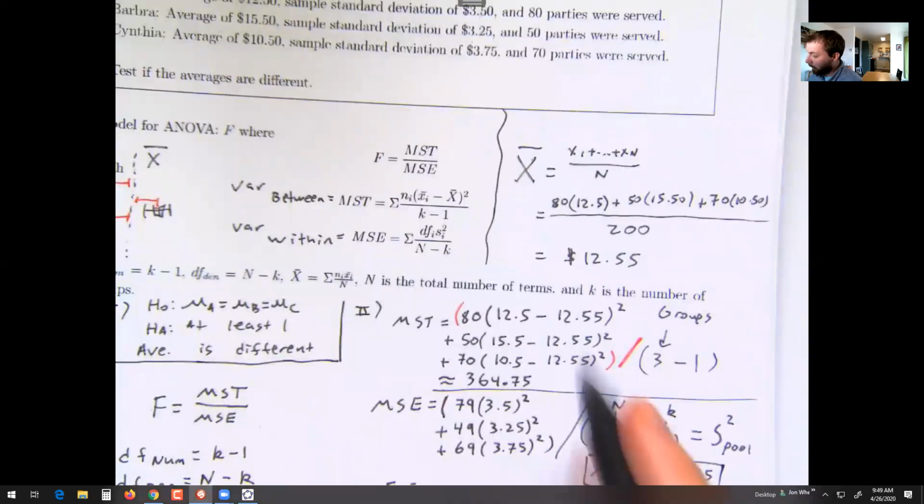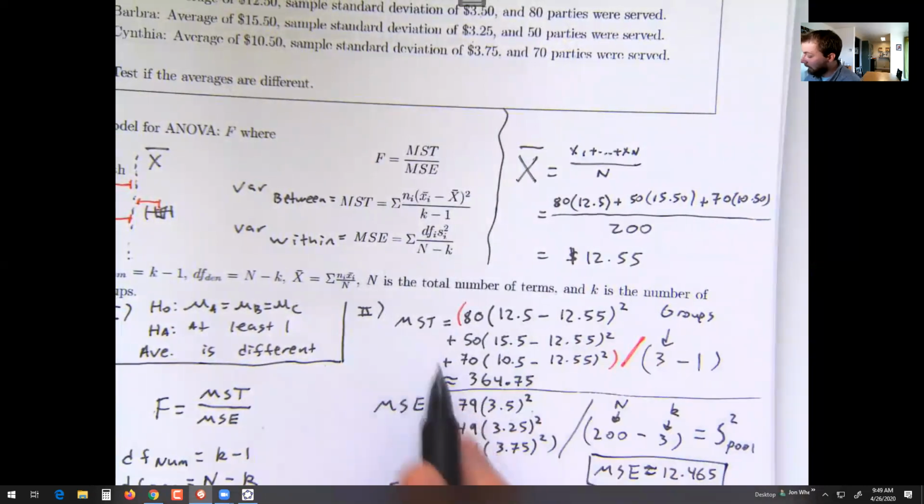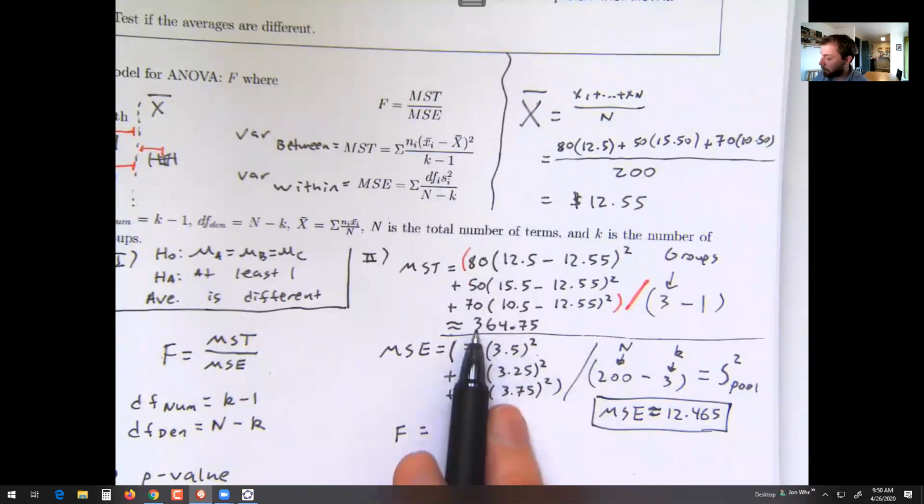So this compares all of the averages. This compares all of the standard errors. You can think of the MST as the amount that you've spent, and you can think of the MSE as sort of like your bank account. So I had $12.46, and I went out and I spent $364. I spent way more variation than I was allowed to. That happens when my averages are drastically different. If I spend less variation than I'm allowed to, then this tells me that these things are really close together, and then I'm probably going to fail to reject the null hypothesis.